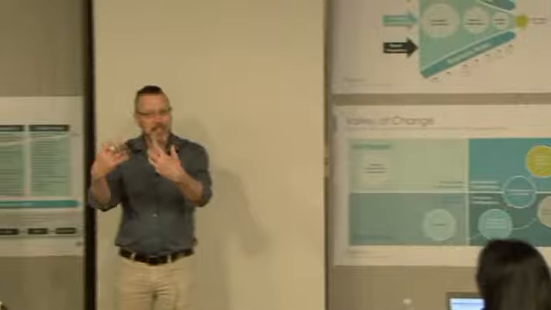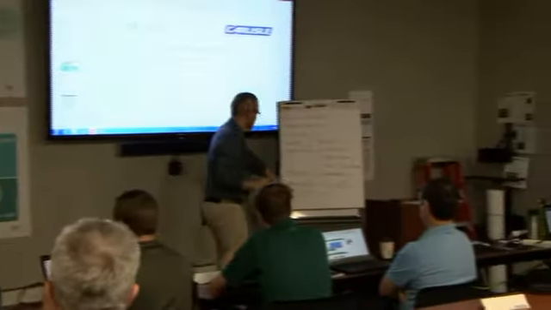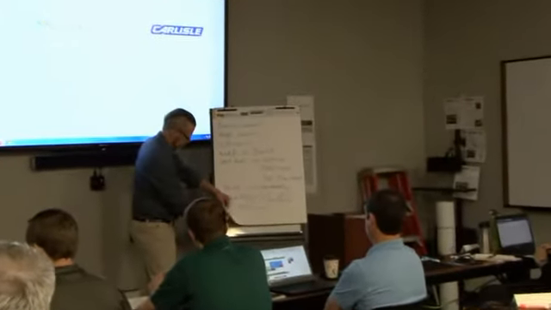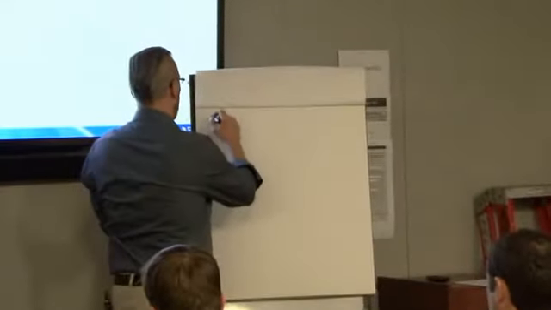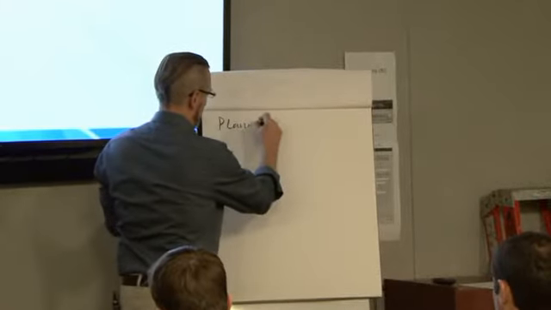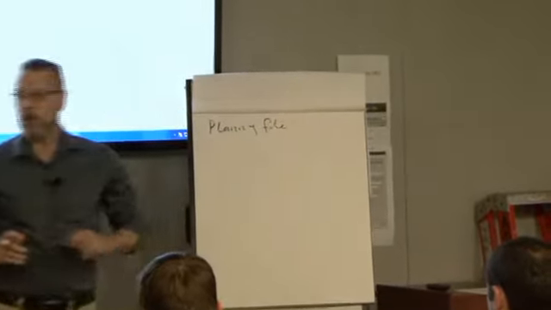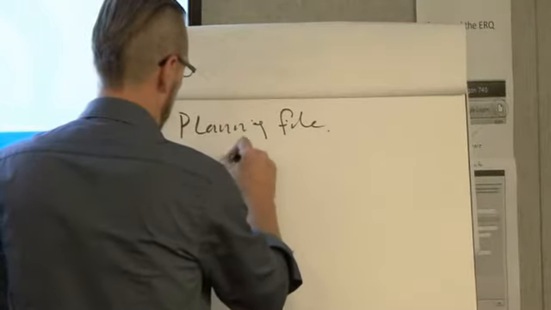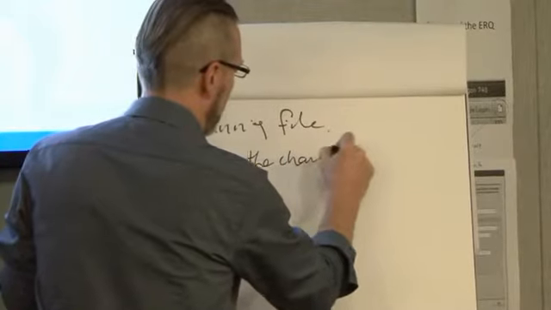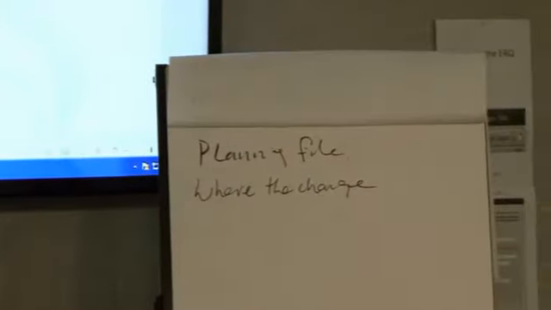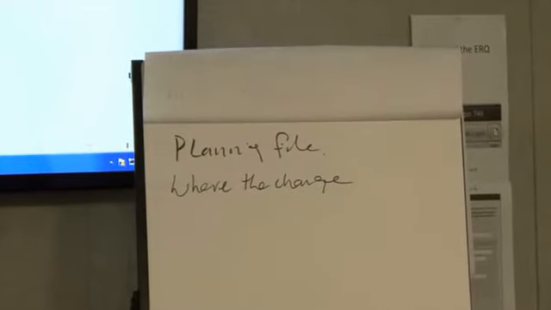Did we learn about the sequence of MRP? Did we learn anything about what's in the background? Planning file. Yeah, great. I will start a new page. What is the planning file? Where the changes go. Where the changes go, I like that. Well, it's a repository for change, right? What constitutes a change? Change the master data.